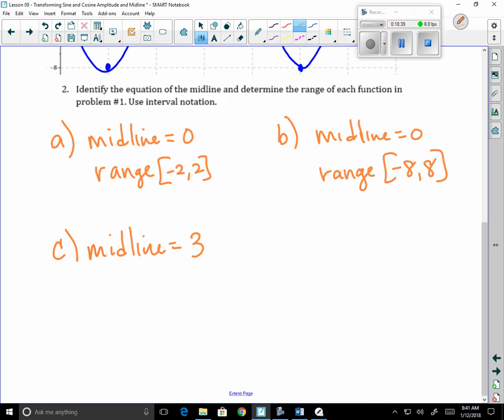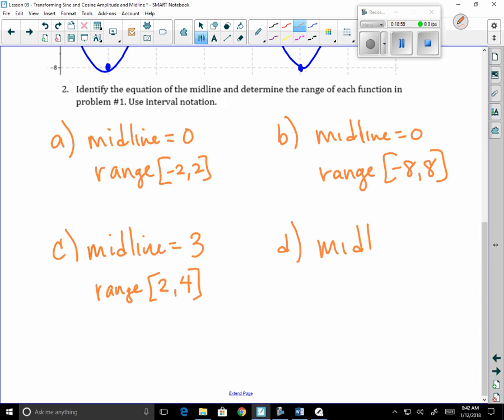Since the amplitude is 1, I know it's 1 because there's nothing written in front of sine. The range is going to go down 1, so 2, and up 1 from 3, so that's 4. And that's where my graph will be completely enclosed between. It's going to oscillate between those two values.